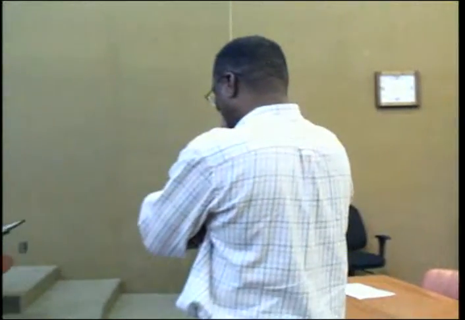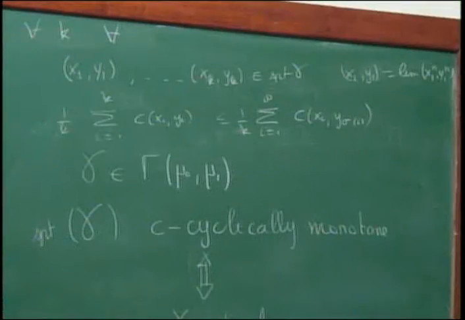So the gamma satisfies this inequality. But there is nothing about gamma, right? Just C. The only thing you are using about gamma is the support of gamma. This is the thing that's puzzling.